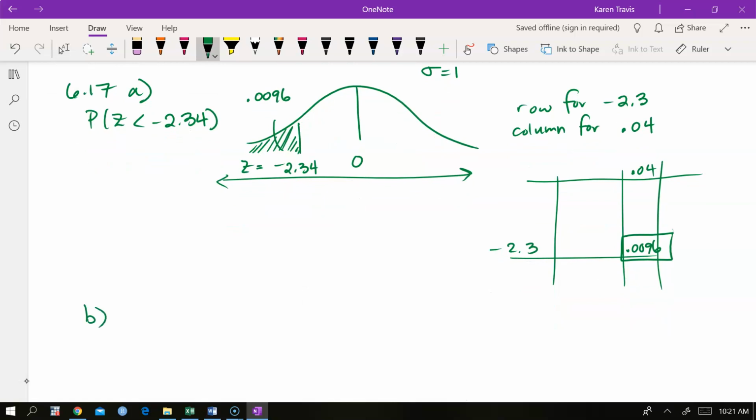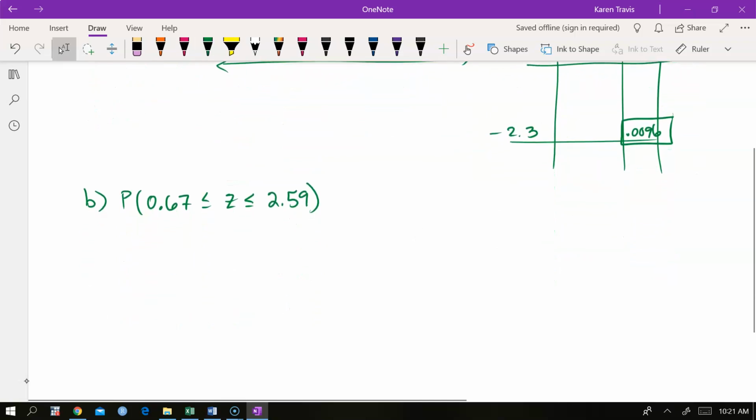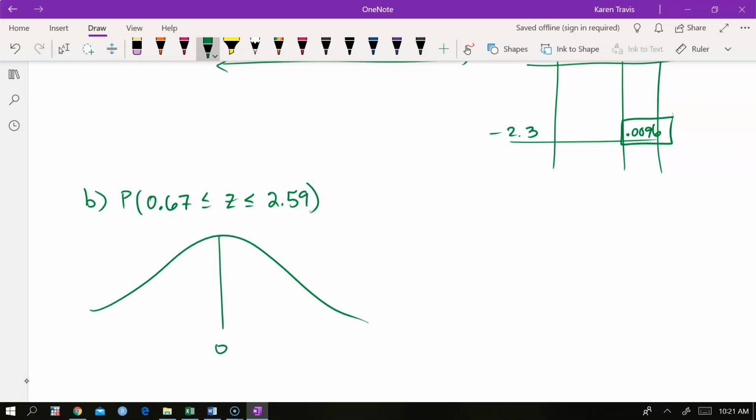The next one says, find the probability that z is between a positive 0.67 all the way up to a positive 2.59. So, as I typically advise, you should draw the picture so you're very clear on what area you're trying to find.